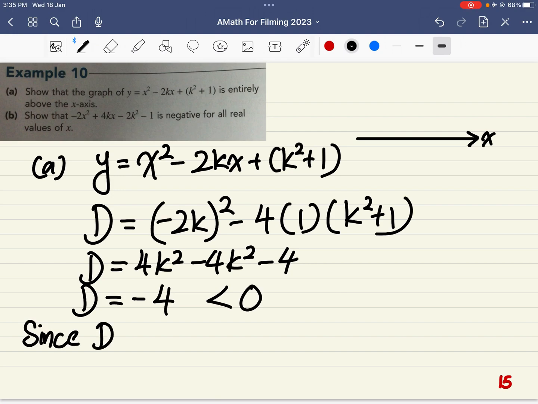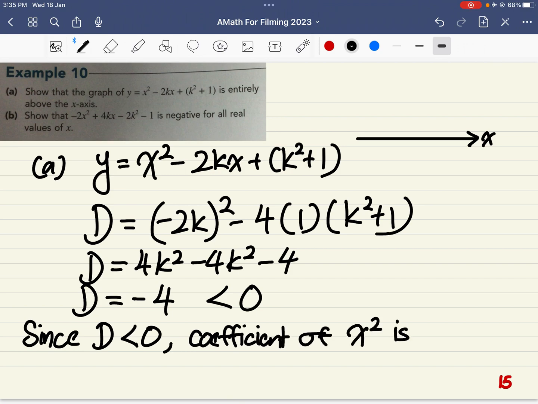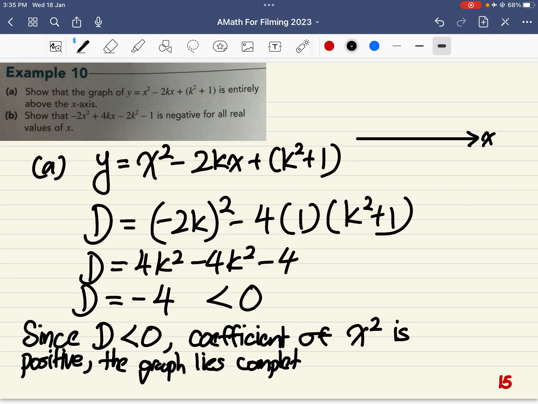So I can say that since D is less than 0, and the coefficient of x squared is positive, the graph lies completely above the x-axis. Let me just explain this one more time.